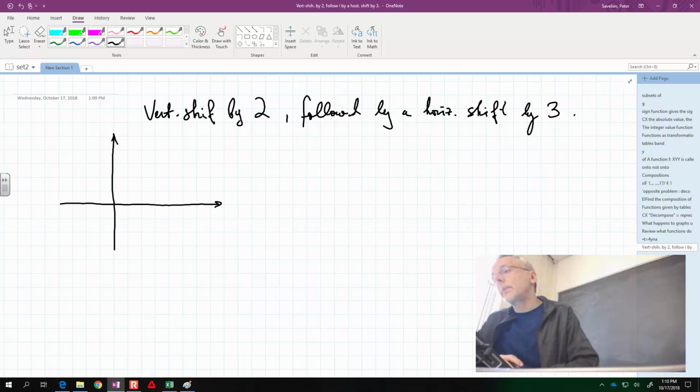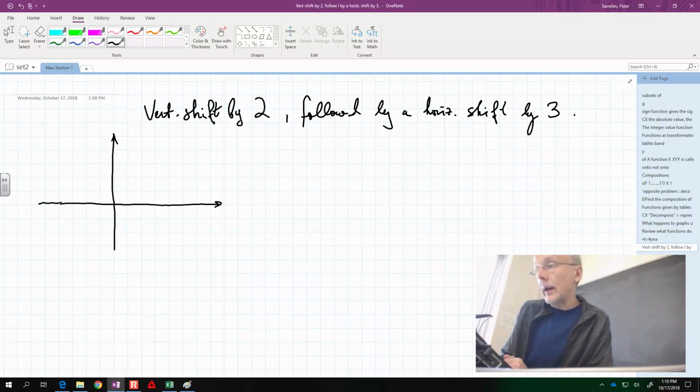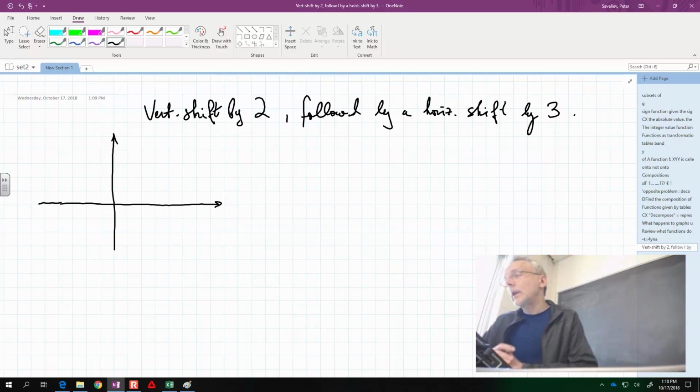But for the time being, we'll just do it one at a time. We don't have too many, but even if you have only 6, you take 2, you already have 36 operations right away. So that's the simplest one: vertical shift by 2, horizontal shift by 3.